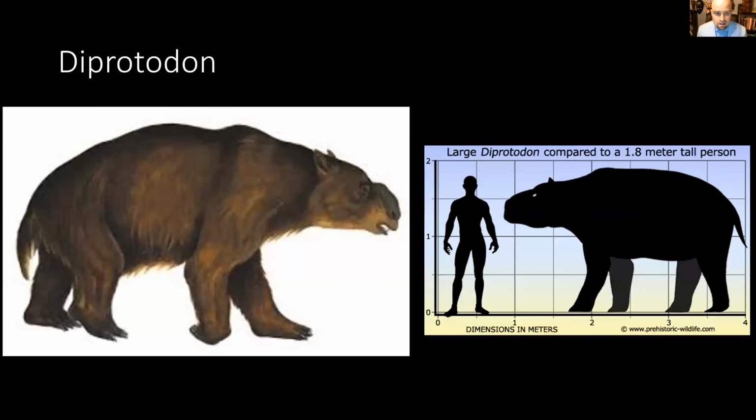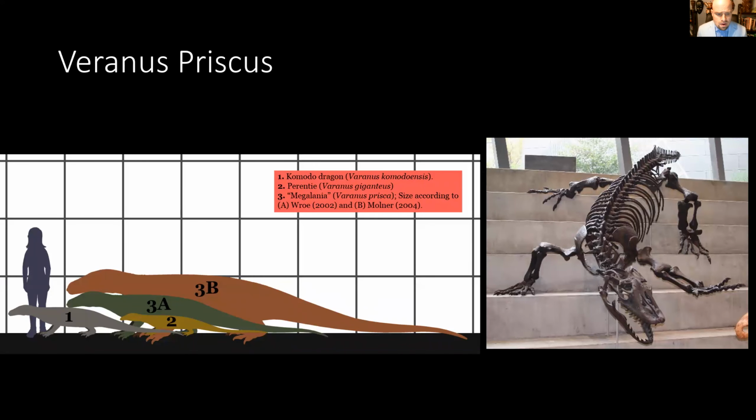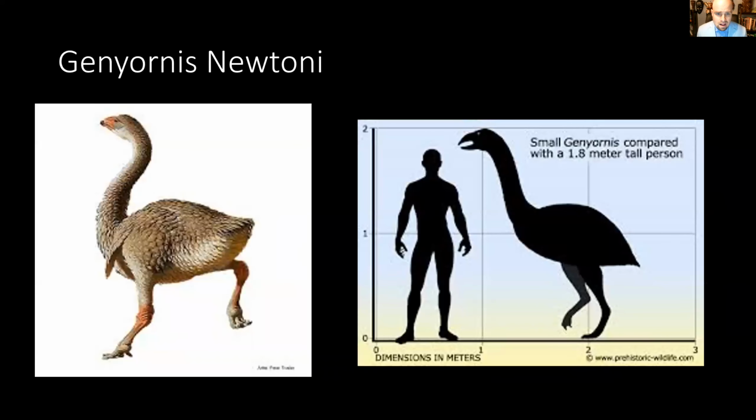So giant kangaroos, these diprotodons, which are as tall as humans, quite large, four-legged, grazing marsupials. There were giant reptiles like Varanus priscus that puts modern-day Komodo dragons to shame, and large birds like Genyornis newtoni that were as tall as people and roamed Australia.